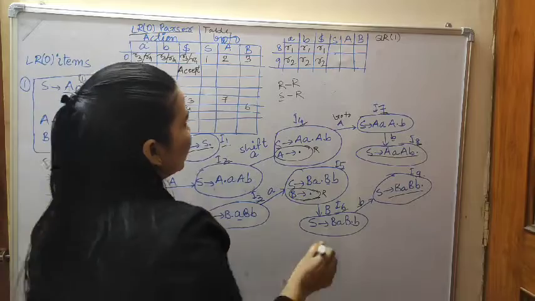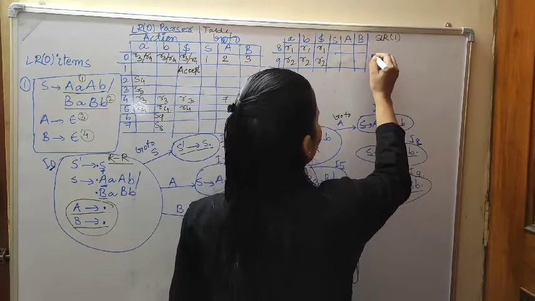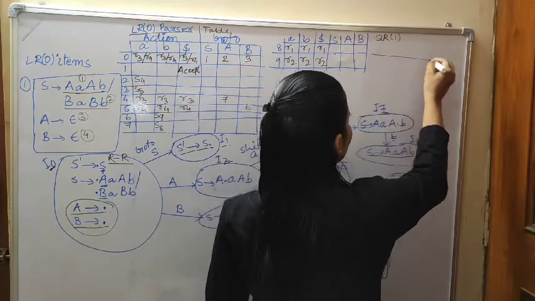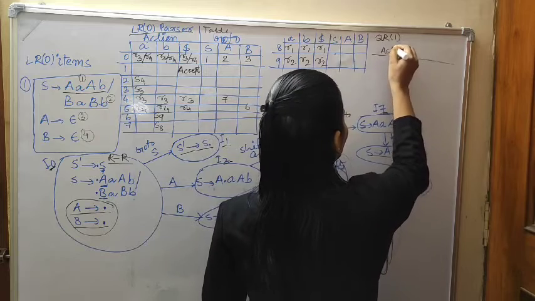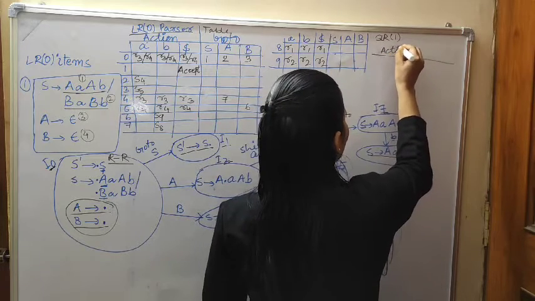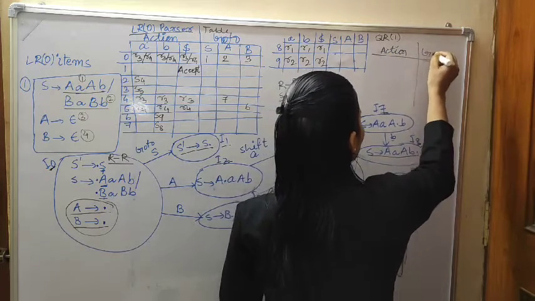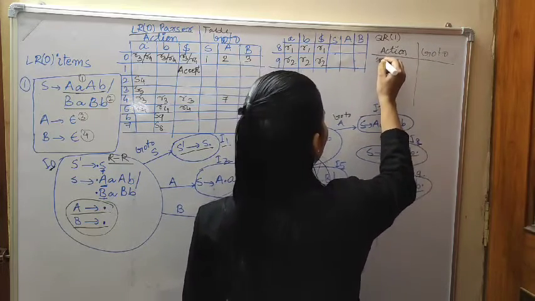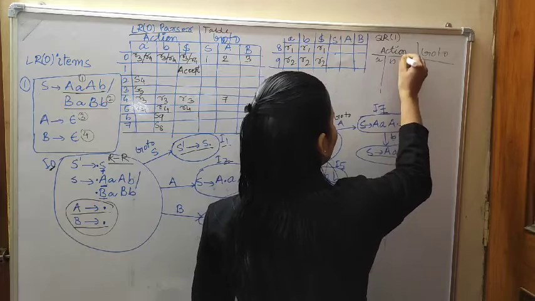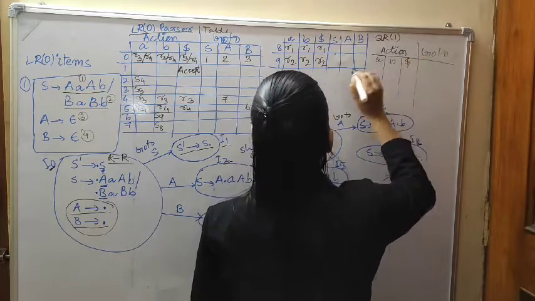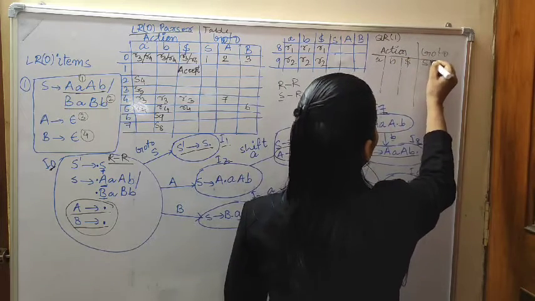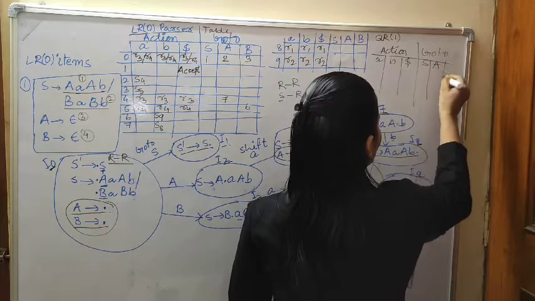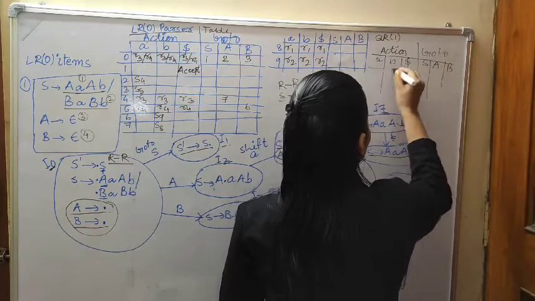So I am writing here only the reduce part: action, goto. Okay, the action part, what is given? A, B, dollar, and then the goto part, S, A, B.